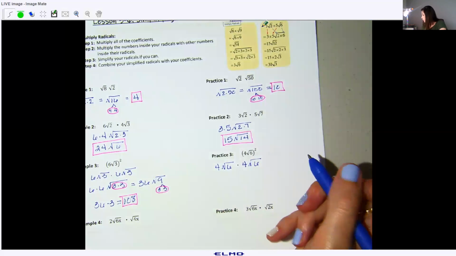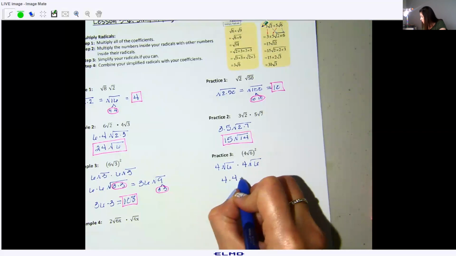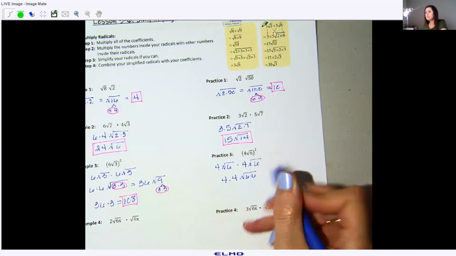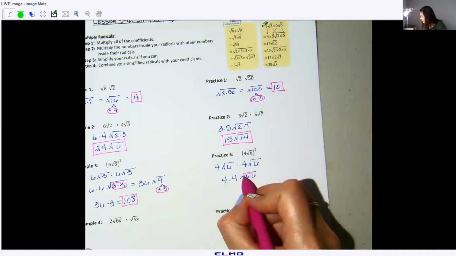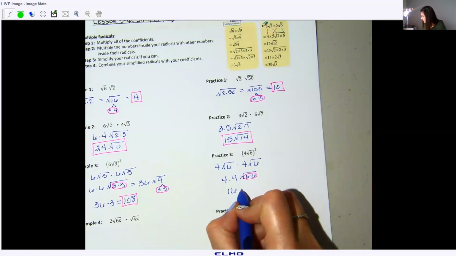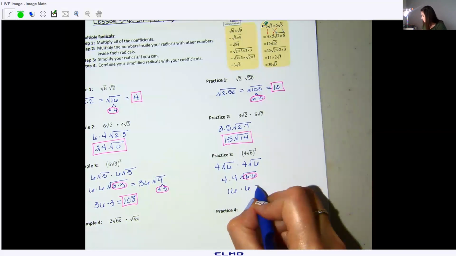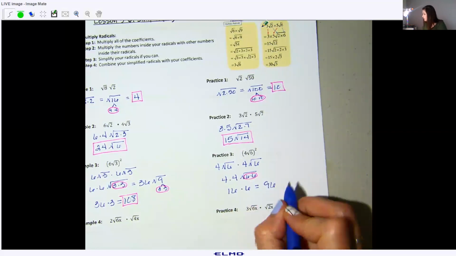Okay, we have 4 times 4, square root of 6 times 6. And we know that these pair up, so we could take the 4 times 4 is 16, and 16 times 6 is 96.